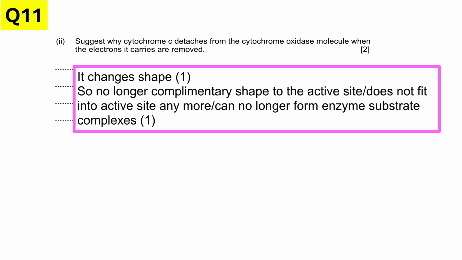So obviously the removal of electrons from cytochrome C is oxidizing cytochrome C. It is changing its shape, so it can no longer form the enzyme substrate complex with the cytochrome C oxidase enzyme.